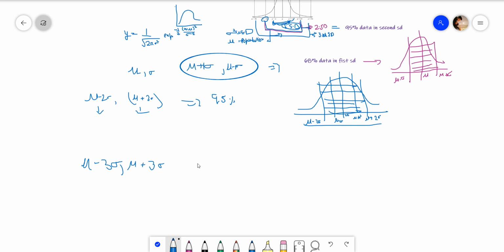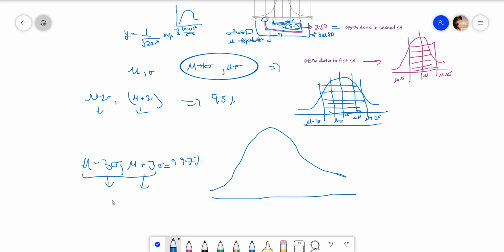If we find our ranges according to the third standard deviation, it will show us 99% of our data in this range. Our distribution will follow 99% of the data here.